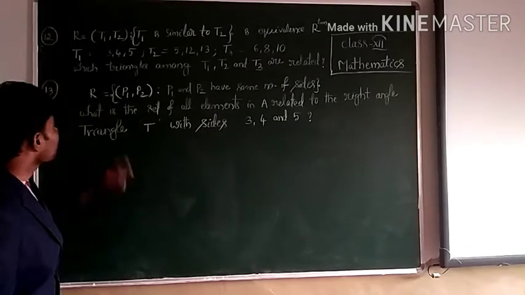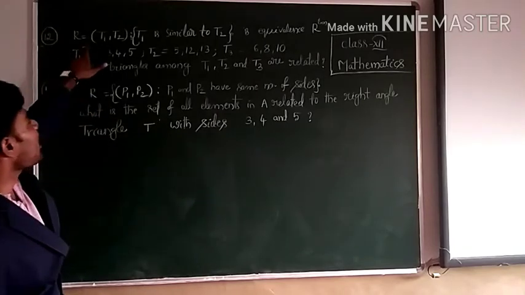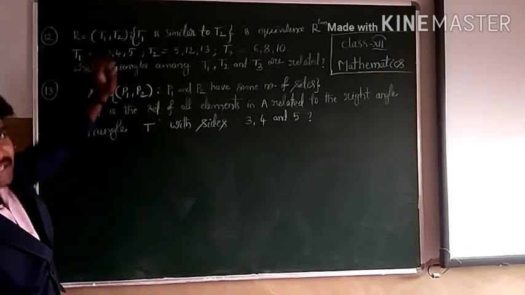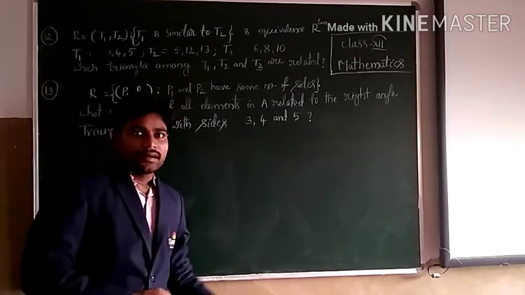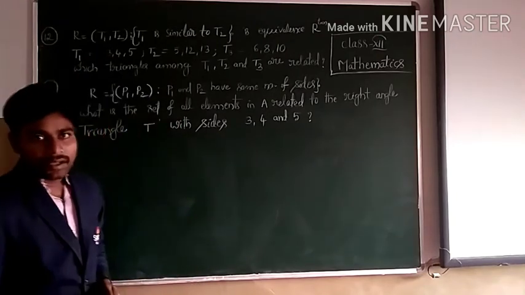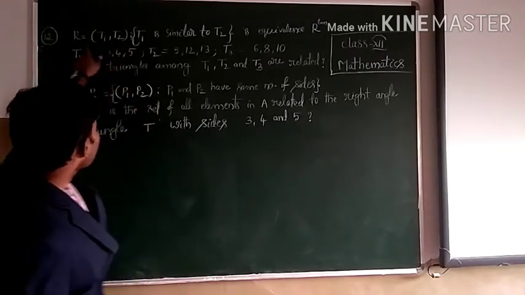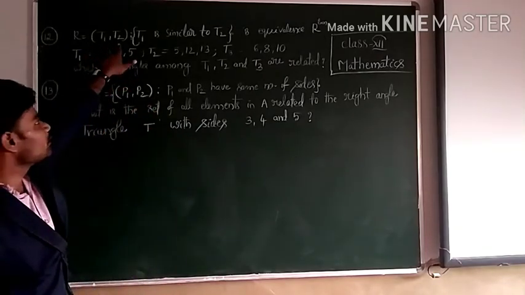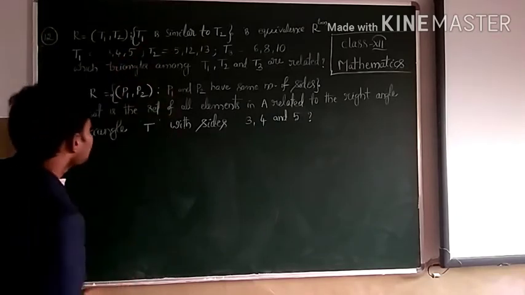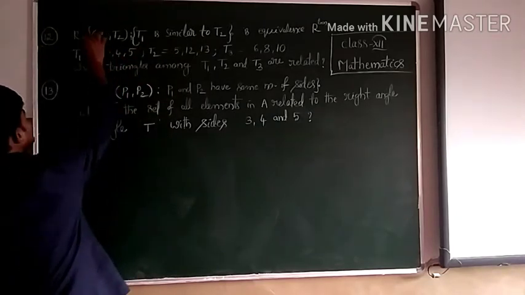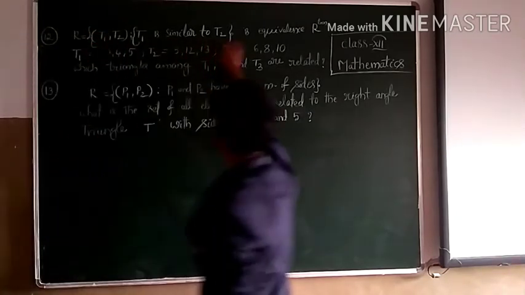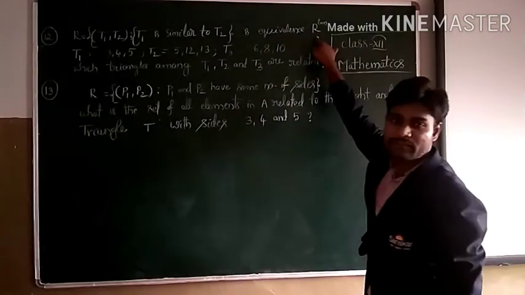The problem is: show that the relation R defined on the set A of all triangles as R = {(T1, T2) : T1 is similar to T2} is an equivalence relation.